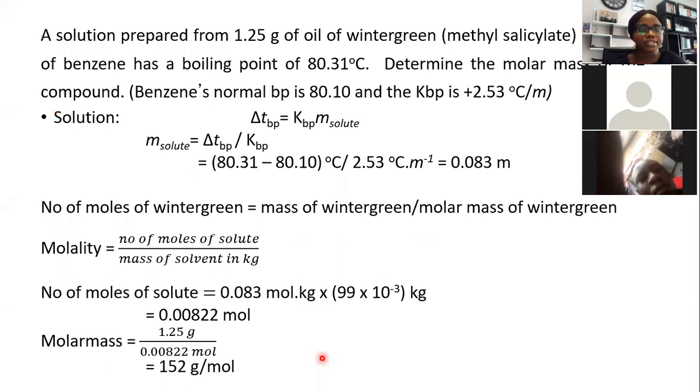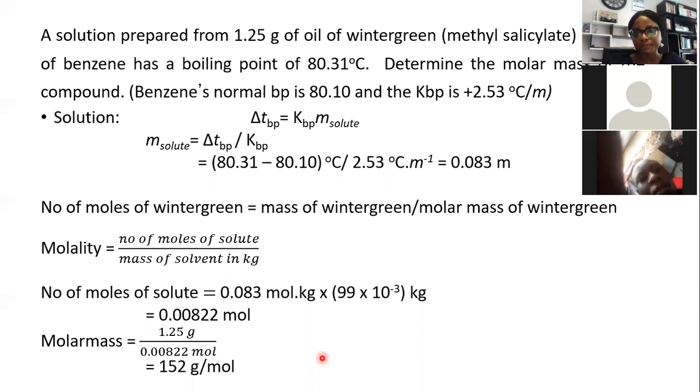So the example is a solution prepared from 1.25 gram of oil of wintergreen and 99 gram of benzene has a boiling point of 80.31 degrees Celsius. Determine the molar mass of the compound.